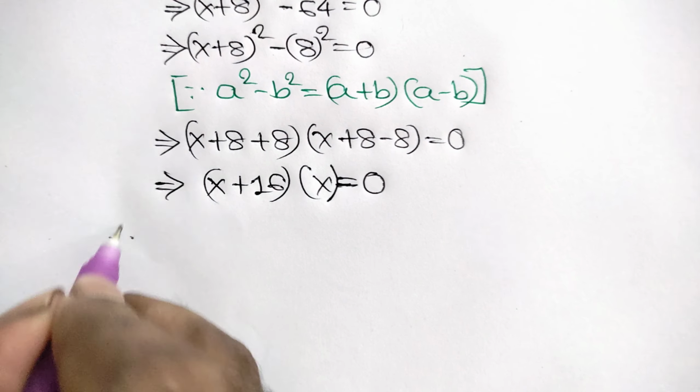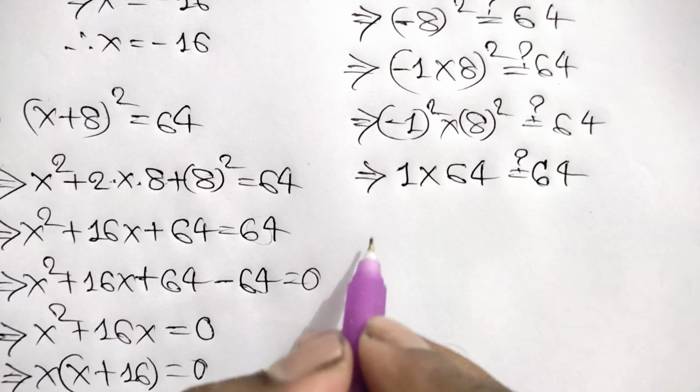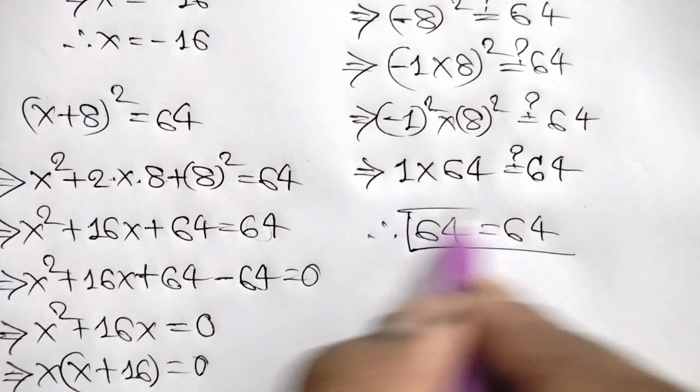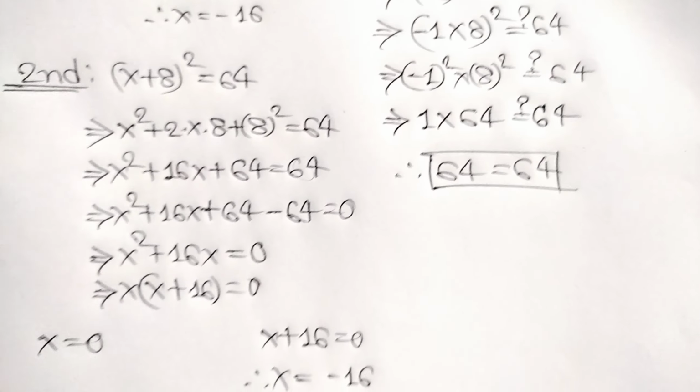Negative 8 can be written as (−1 × 8)² = 64, or (−1)² × 8² = 64, or (−1)² is 1 times 8² is 64, equal to 64. So 1 times 64 is 64, so 64 = 64, so x = −16 is valid.